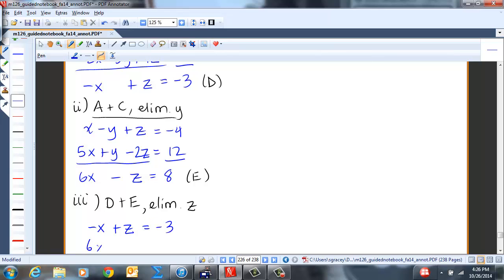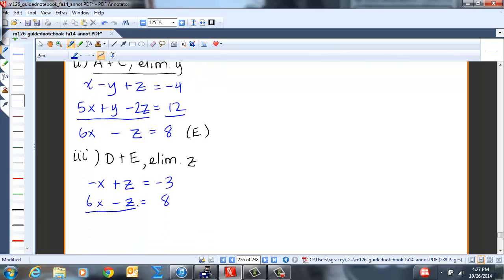And then we'll have 6x minus z equals 8. Let's see what we get. So we'll have 5x is equal to 5, and dividing by 5, we get x is 1. Woohoo! We found an actual number.